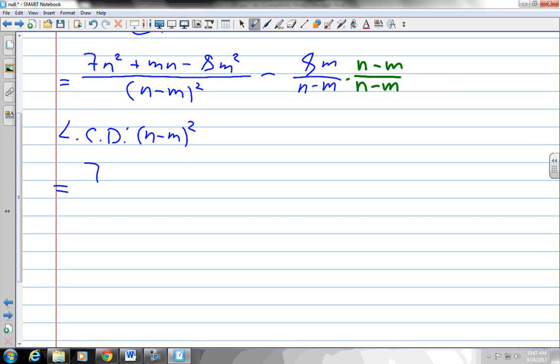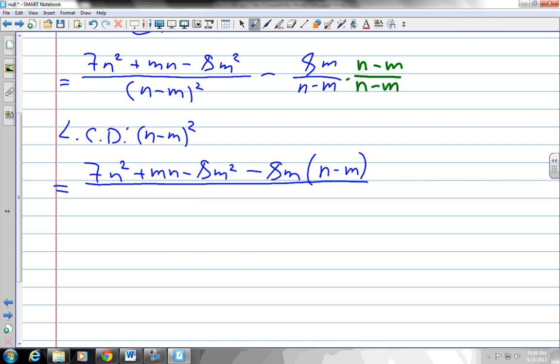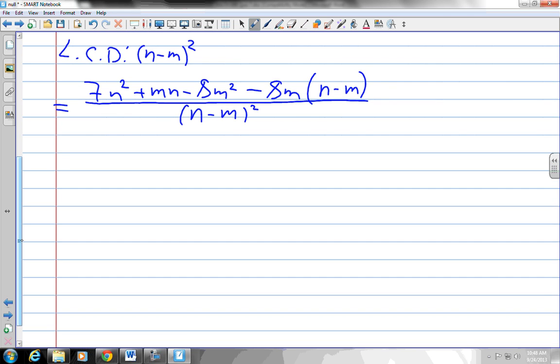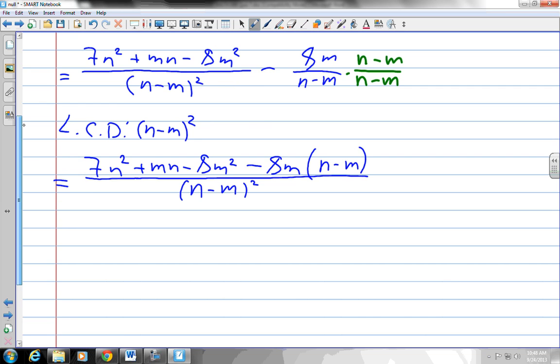So this is what we have: 7n squared plus mn minus 8m squared. I'm just copying the first numerator. And then minus 8m times n minus m, all divided by n minus m squared. So all I did was pull the two fractions together.